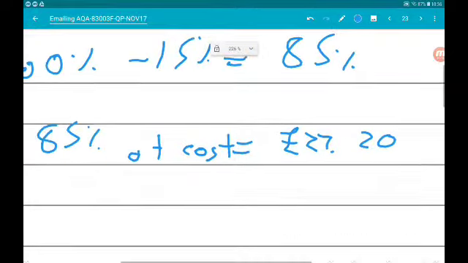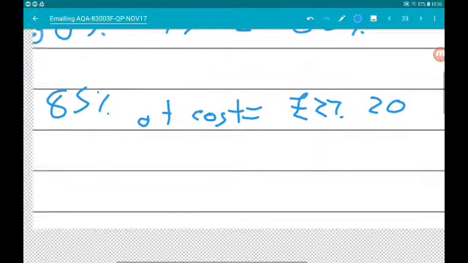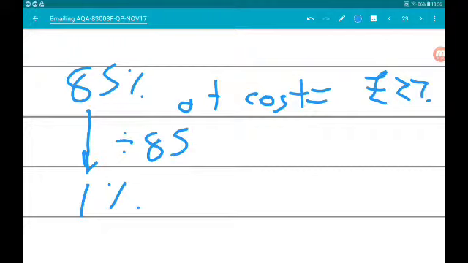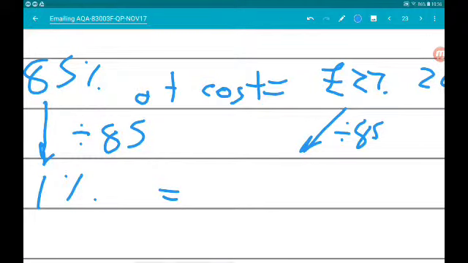Now the idea with reverse percentages is, from the percentage that we are at, we need to get back to 100%. So the fail-safe way to do this is to divide down to 1%. So here we need to divide by 85. So we're going to do 2720 divided by 85.